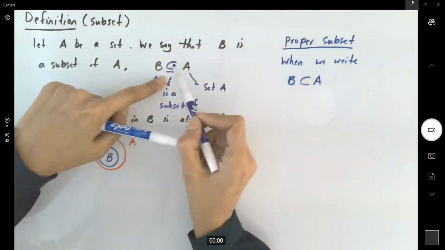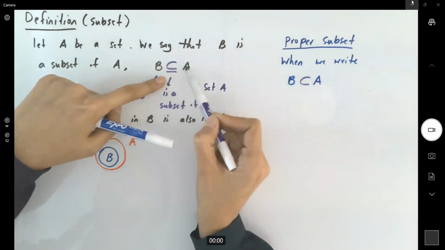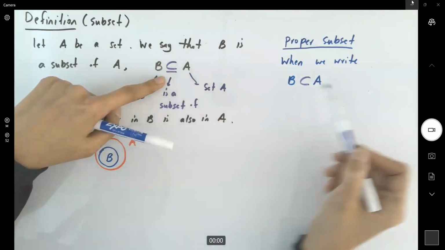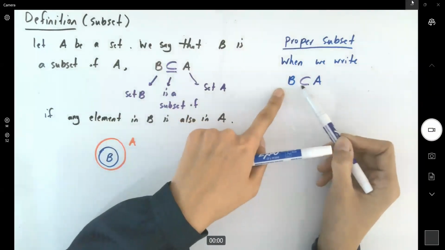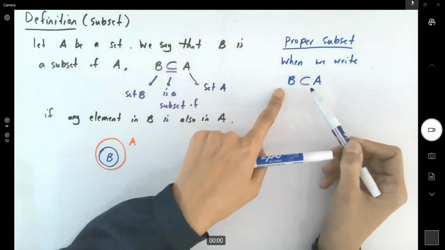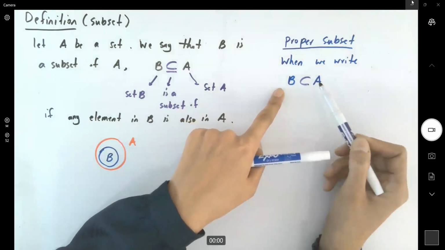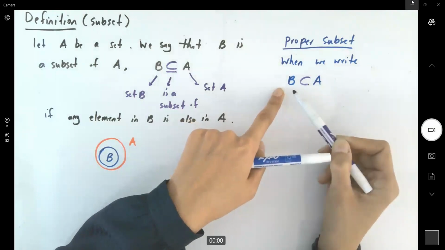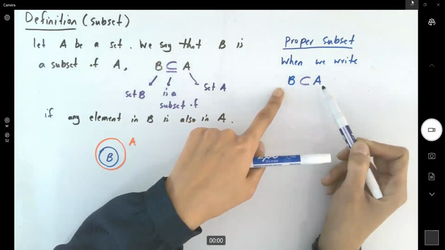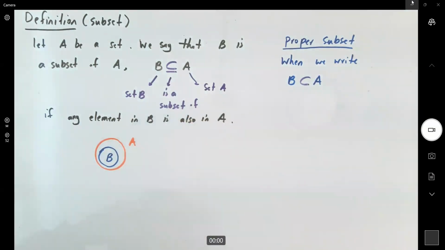This guy says, hey, B is a subset of A, and there is a possibility that B and A are equal to each other. This guy says, hey, B is just a subset of A. There is no possibility that B and A are equal to each other.